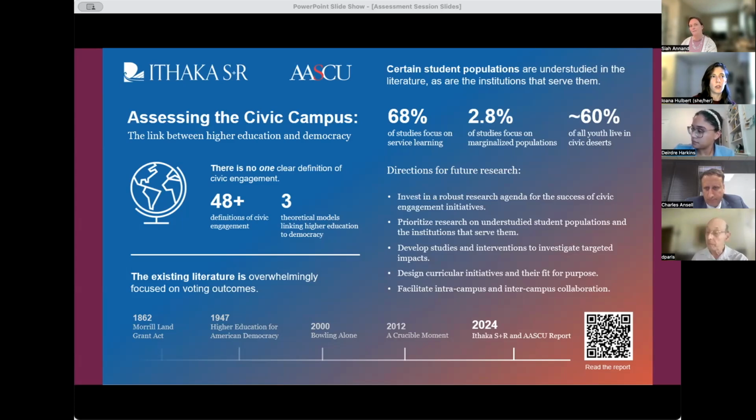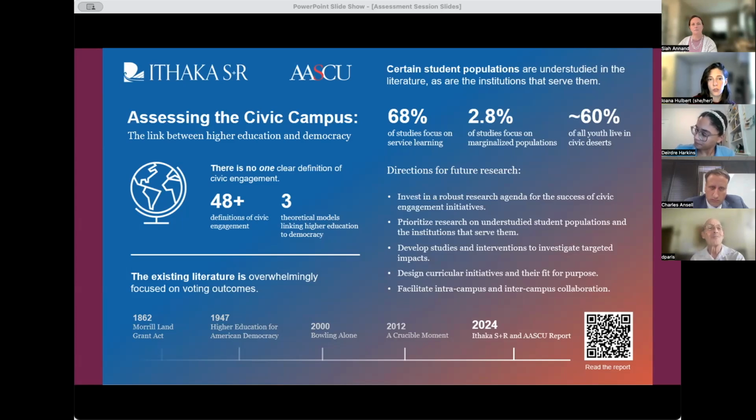Yeah, I think one of the key findings in our report is that the literature and the research is overwhelmingly focused on voter turnout or voter intent. And even that is most often narrowed down to federal elections, so you lose a lot of the local and regional context. That makes sense, right? That is probably the easiest outcome that you can track.